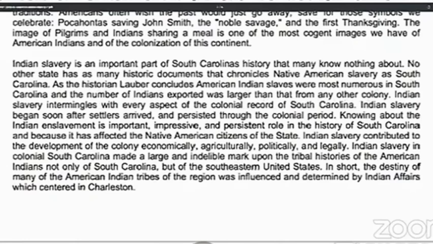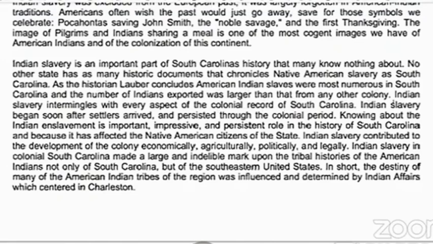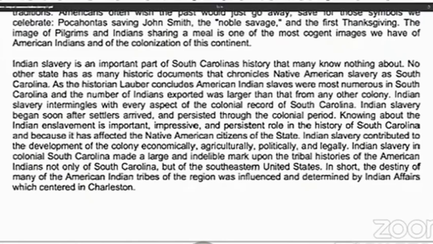Indian slavery intermingles with every aspect of the colonial record of South Carolina. Indian slavery began soon after settlers arrived and persisted through the colonial period. Knowing about the Indian enslavement is important, because of its impressive and persistent role in the history of South Carolina, and because it has affected the Native American citizens of the state. Indian slavery contributed to the development of the colony economically, agriculturally, politically, and legally.